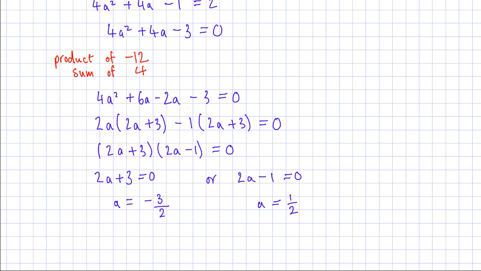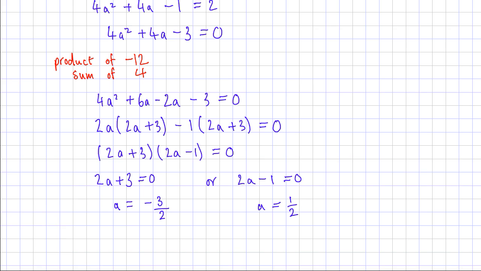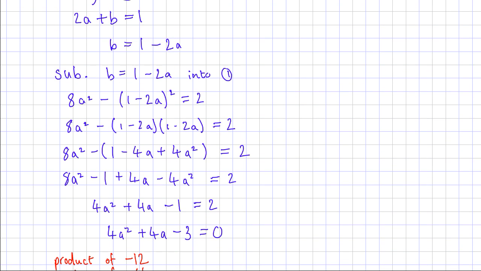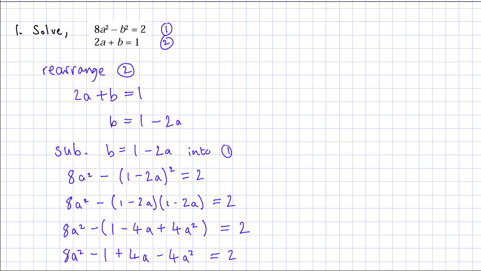Now that I've found my values for a, and there are two of them, I need to find the corresponding value for b when a is minus 3 over 2, and the value for b when a is equal to a half. So let's go back to my equations. So I have my equation 1 and equation 2. Now substituting into this formula is a lot harder, so I'm going to use equation 2.